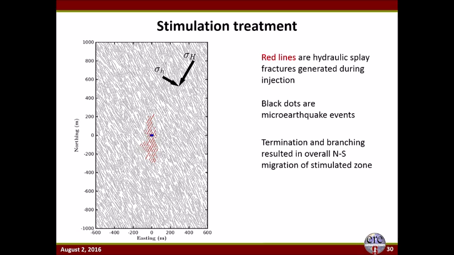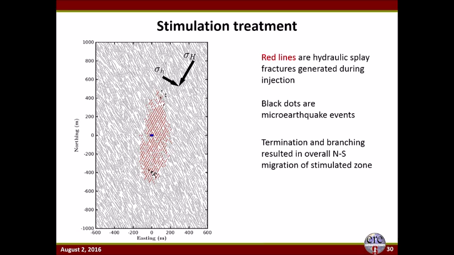And the black dots are the microseismic events that are associated with slip predominantly on the natural fractures. And what you'll notice is that the splay fractures are propagating, as you would expect, in the direction of the maximum principal stress. But because they're able to terminate against their neighbors, it results in an overall north-south migration pattern of the stimulated zone, which was consistent with the observations.